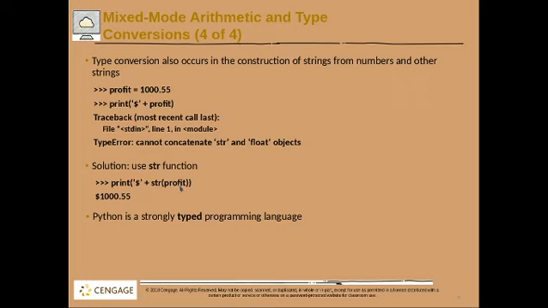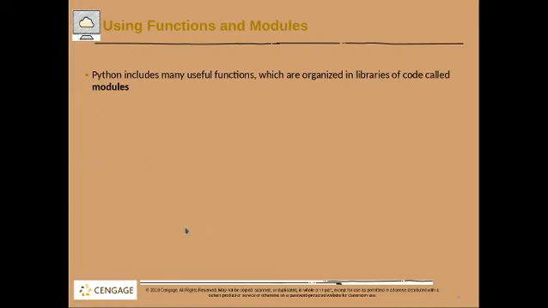You first need to convert the numerical data to a string before concatenating it, unless you use a comma instead of a plus. So this is one of the quirks of Python. Python is a strongly typed programming language.